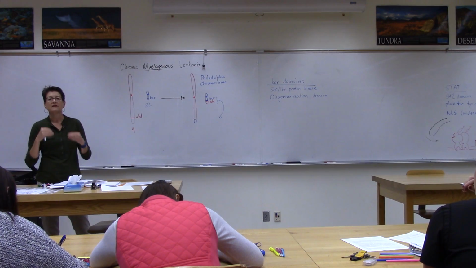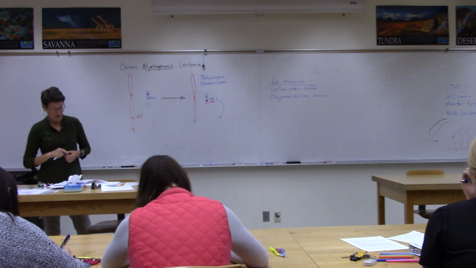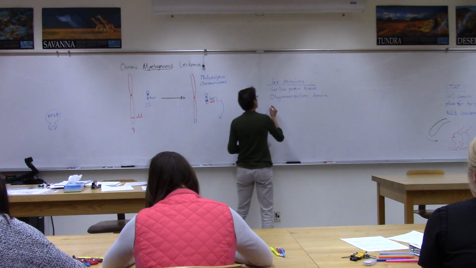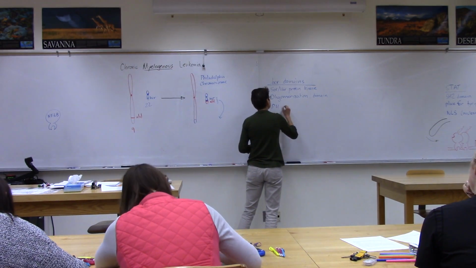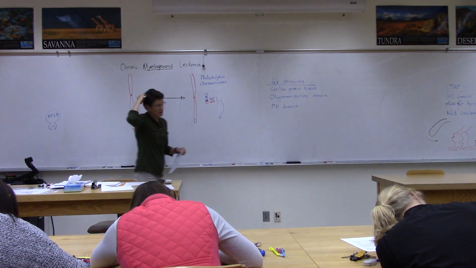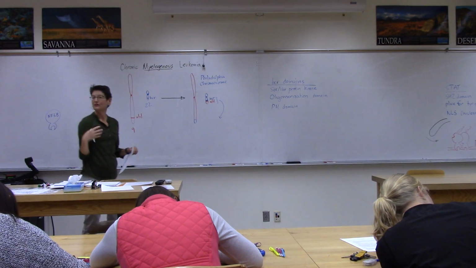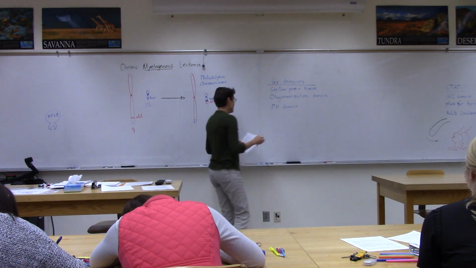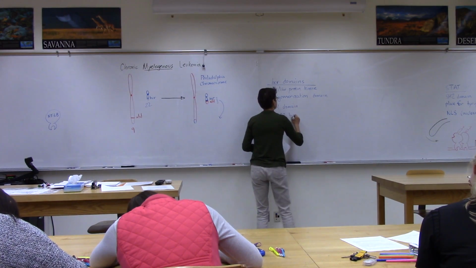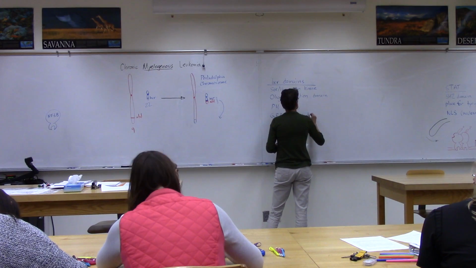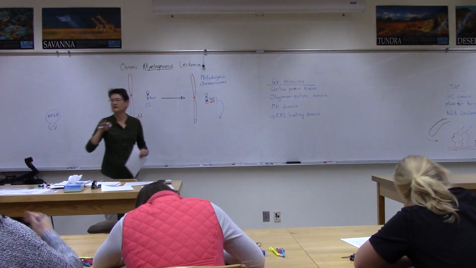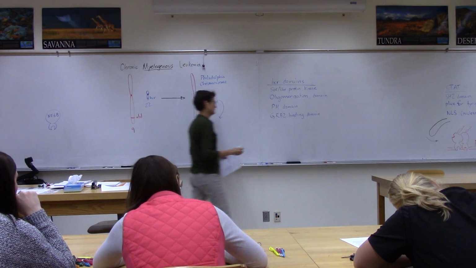It has a pleckstrin homology domain, so it could bind to PIP3. A lot of proteins I'm discovering have a pleckstrin homology domain. It has a GRB2 binding domain. In other words, this is a sequence that SH3 recognizes.